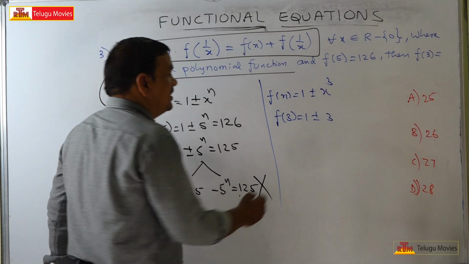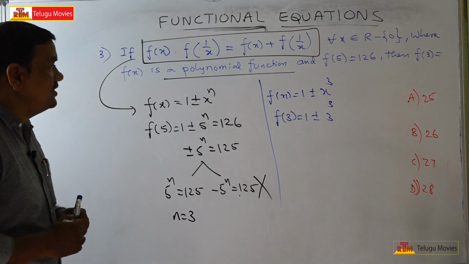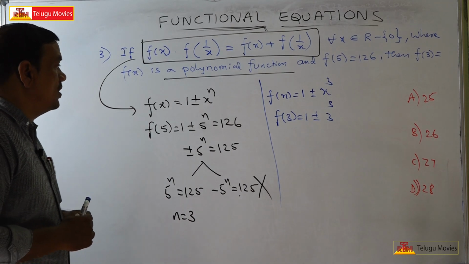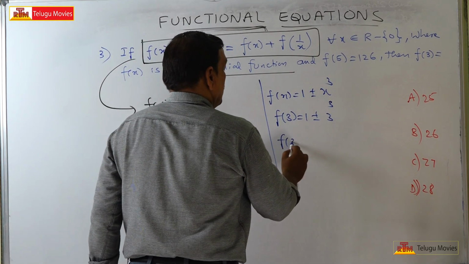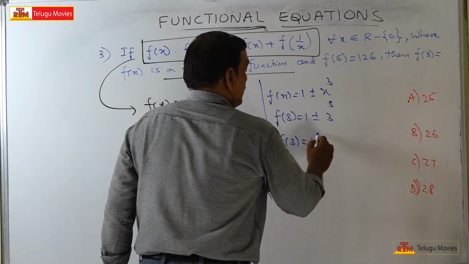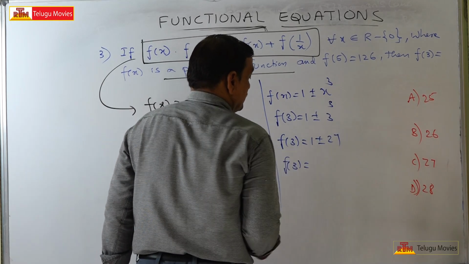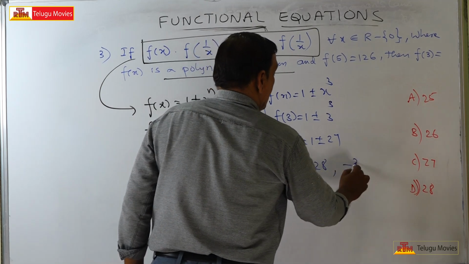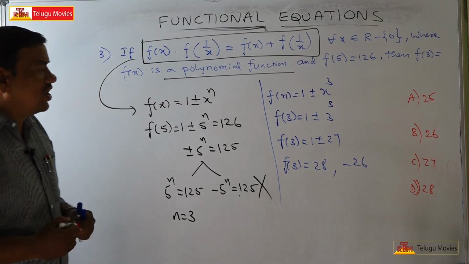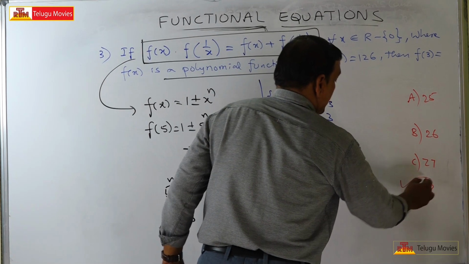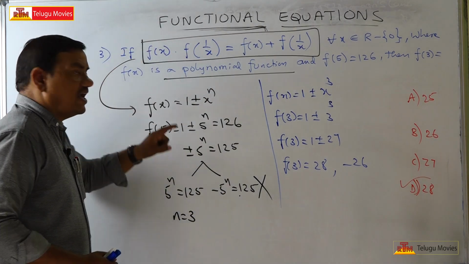F of 3 means 3 cube, that is 27. So f of 3 is equal to 1 plus or minus 27, that is either 1 plus 27, which is 28, or minus 26. So clearly 28 is the right answer. Okay, so this is a very easy, direct problem.